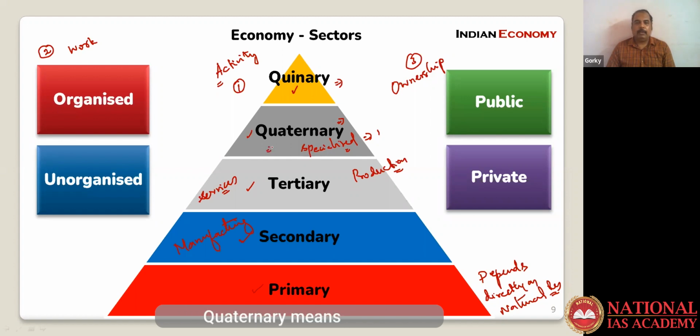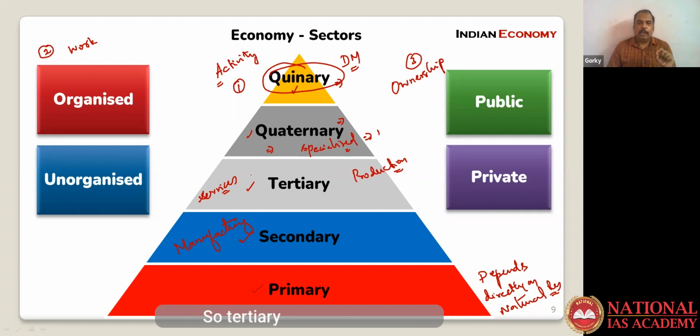Quaternary means certain sectors which have some specialized character, the ability to have more specialization and more knowledge based. So that we call it quaternary. Whereas quinary, they will be the top decision makers. They will be the one who provides the path. That we call quinary.